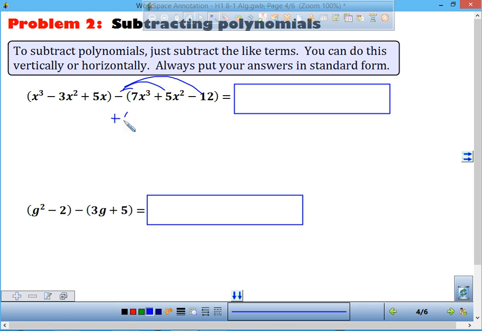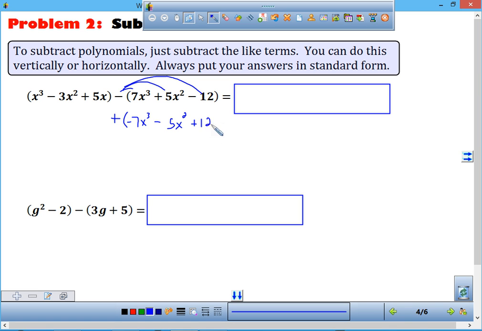So now I'm going to say plus negative 7x cubed, minus 5x squared, plus 12. We always want to make sure we distribute that to everything, and it really just means opposite of what it was before.